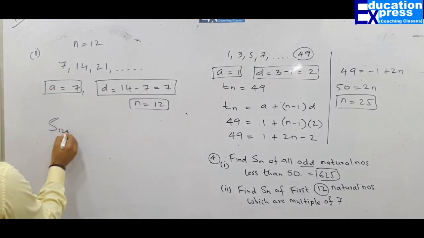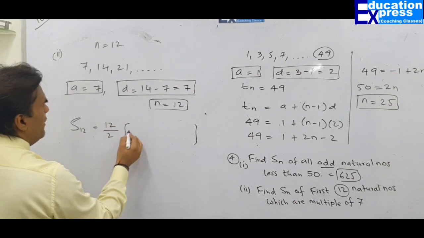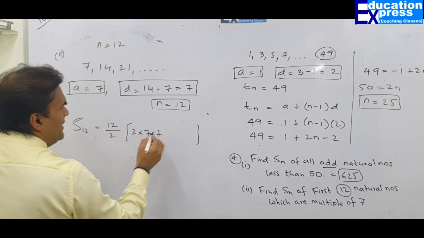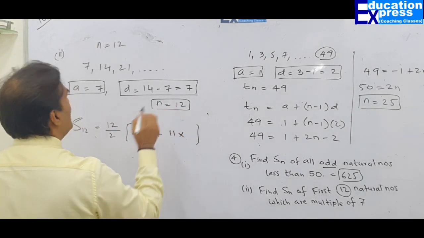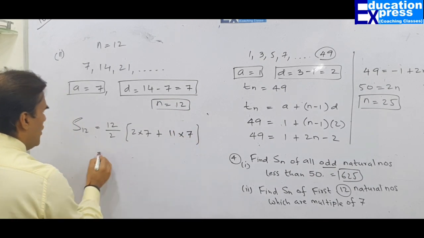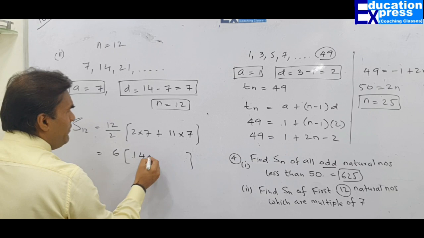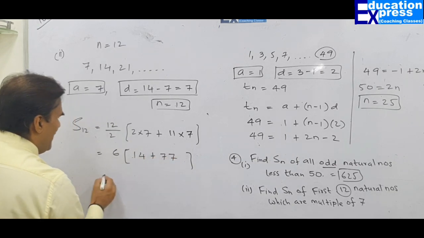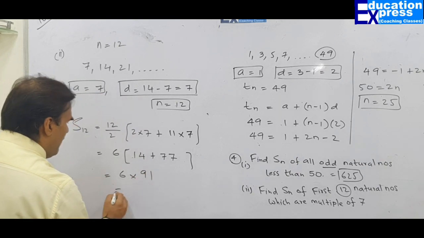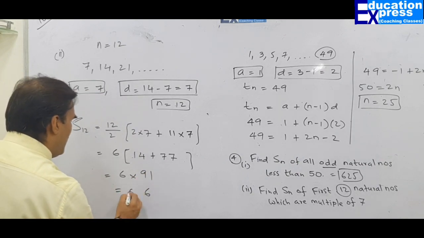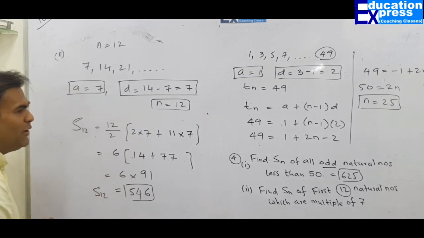So simply find S12. 12 upon 2 into 2A plus n minus 1, that is 12 minus 1, 11, into D. D is 7. 12 upon 2 is 6. This is 14 plus 77, which becomes 91. 6 times 91 is 546. So my dear friend, it was a very simple question.